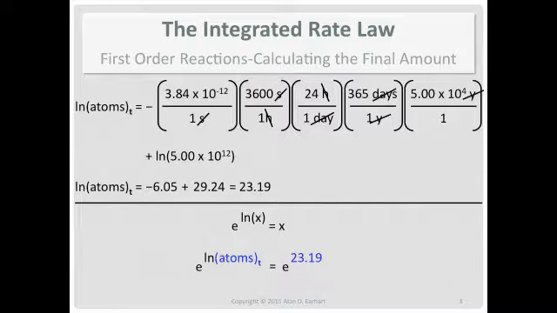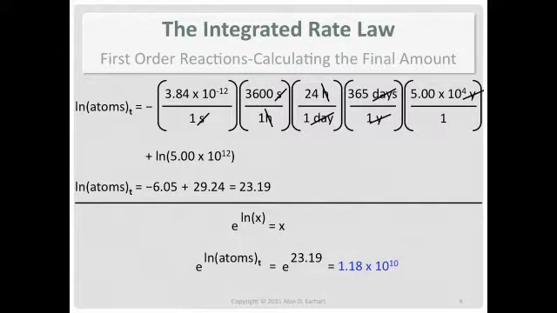So we have to go e to the 23.19, and that gives us 1.18 times 10 to the 10th atoms. Need to add the word atoms on there. Now, as far as the final answer, it's 10 to the 10th. Look back up. Our original count was 10 to the 12th. So it went down. That seems reasonable.